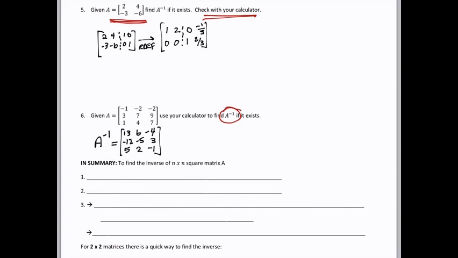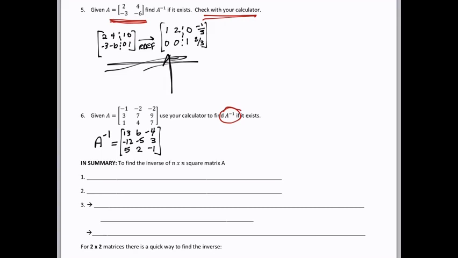Alright guys, so here's our 2 answers. For number 5, either if you did it by hand or if you did it in your calculator, if you just hit the A inverse button, we would have seen that your calculator probably said singular, meaning it doesn't have an inverse. If you used our Gaussian elimination method like I showed here, then your reduced row echelon form would not have the identity matrix on the left side.